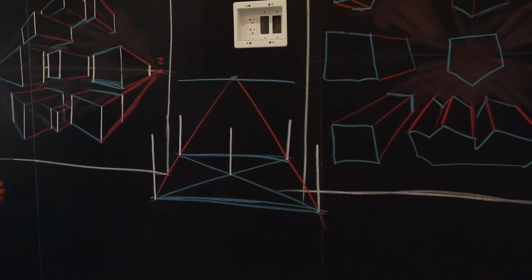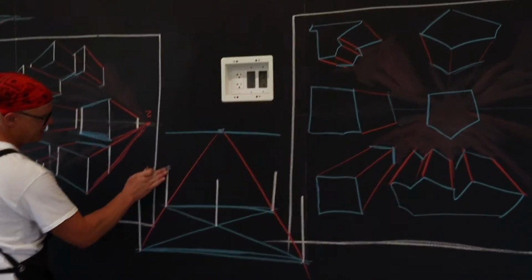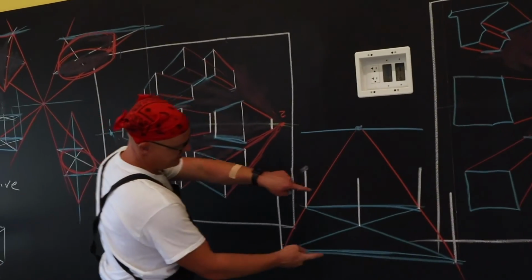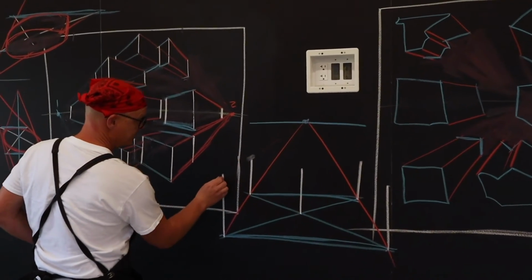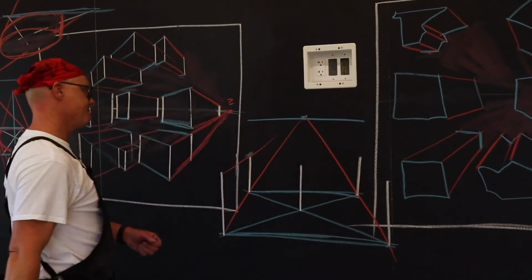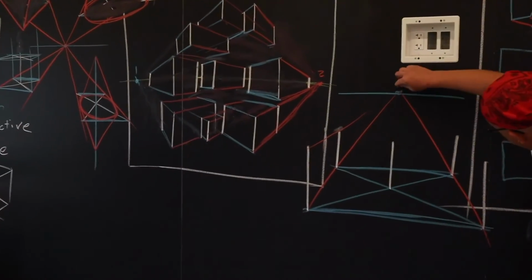So in this case, I need to figure out how tall this needs to be, because I've decided I'm probably going to keep these the same. So I'm just going to go from here to here. Make sure those are about the same height.